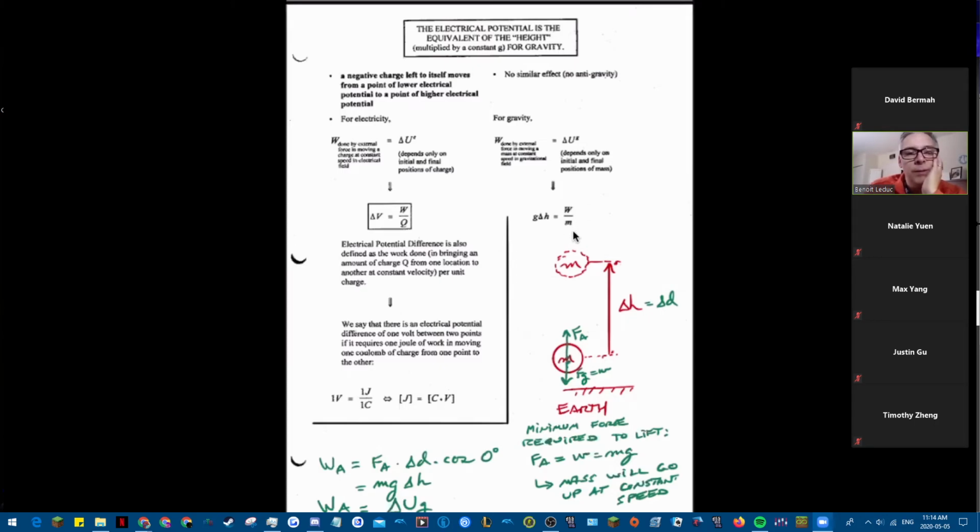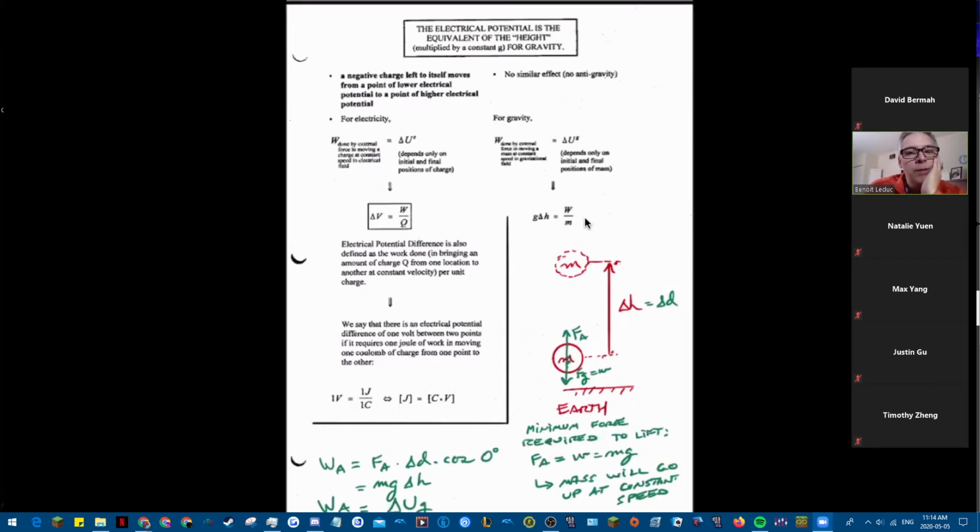That's what this is here. So the amount of joule per kilogram. If you lift this by 1 meter, and g is equal to 10, this corresponds to 10 joule per kilogram.